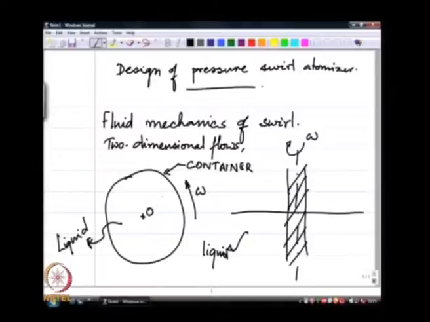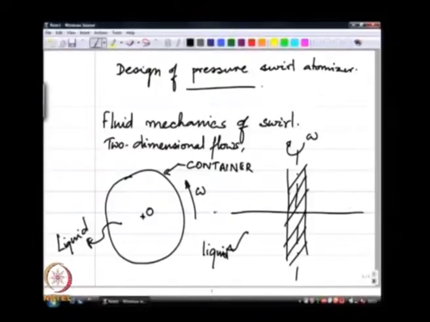So, in one case I have liquid inside a container and the container is spinning. In the other case I have an infinite bath of liquid, I immerse a rod into that bath of liquid and spin the rod at some angular velocity omega. I want to understand what the fluid mechanics is like in these two situations.